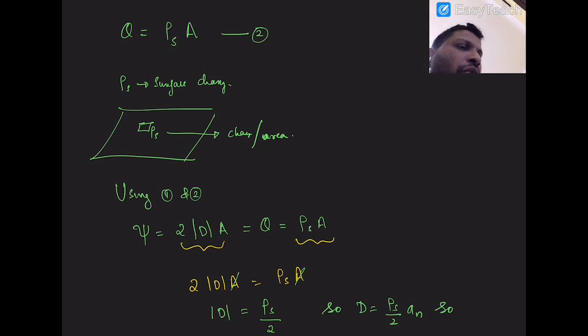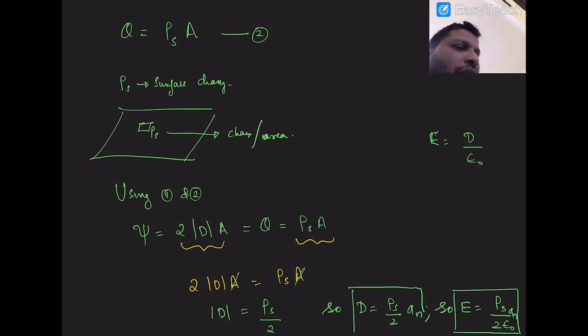So I will get my E as, we have already defined, E is equal to D by epsilon naught. So you will get rho s by 2 epsilon naught. I hope this part is clear to you. So you get the direction also. So you will get the D and E by using Gauss's law.